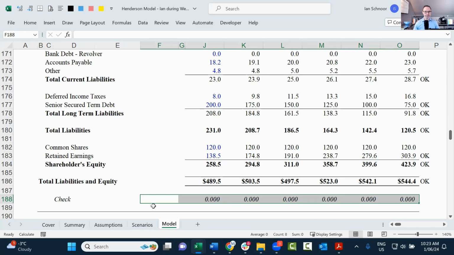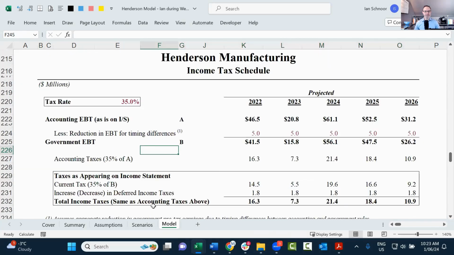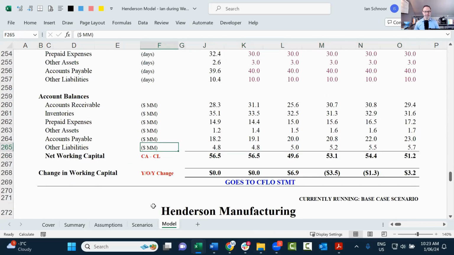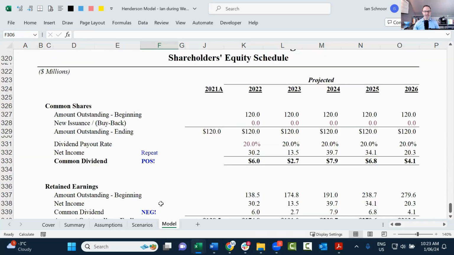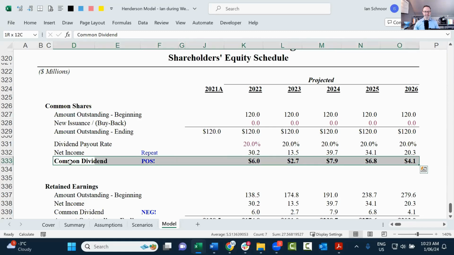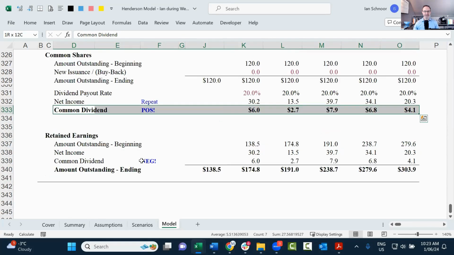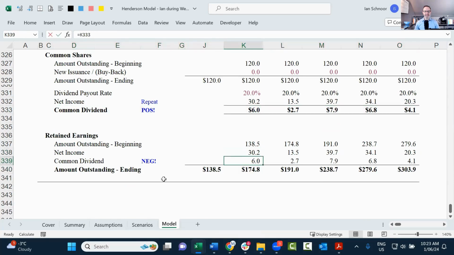So to summarize here quickly, let's fix it up. What you need to make sure is when you are building your dividends in a financial model on the shareholder equity schedule, the actual dividend needs to be positive because it is your dividend. However, in retained earnings, it must be negative. You must flip the sign and make it negative here.